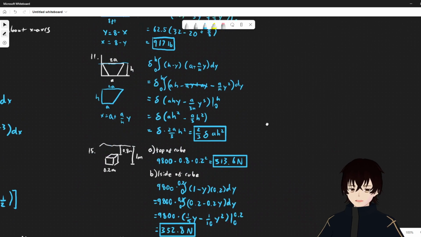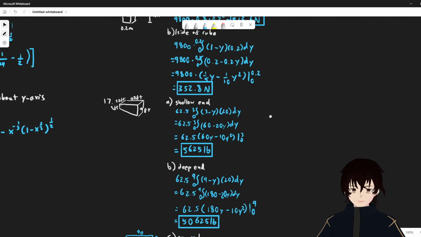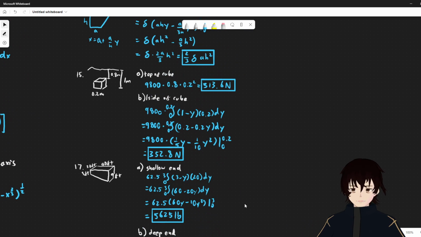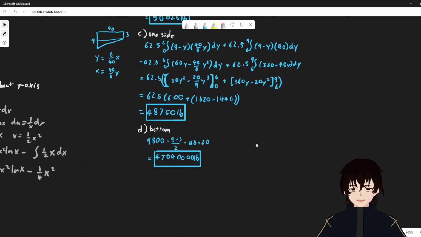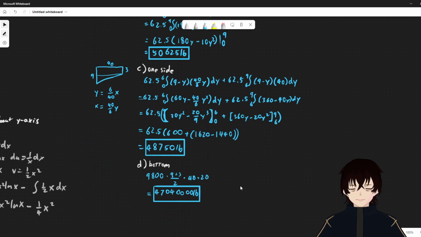The cube one worked out for some reason, but this one isn't. Oh, right. I think I understand why. Wait, but that doesn't make sense. Oh, I'm a complete idiot.